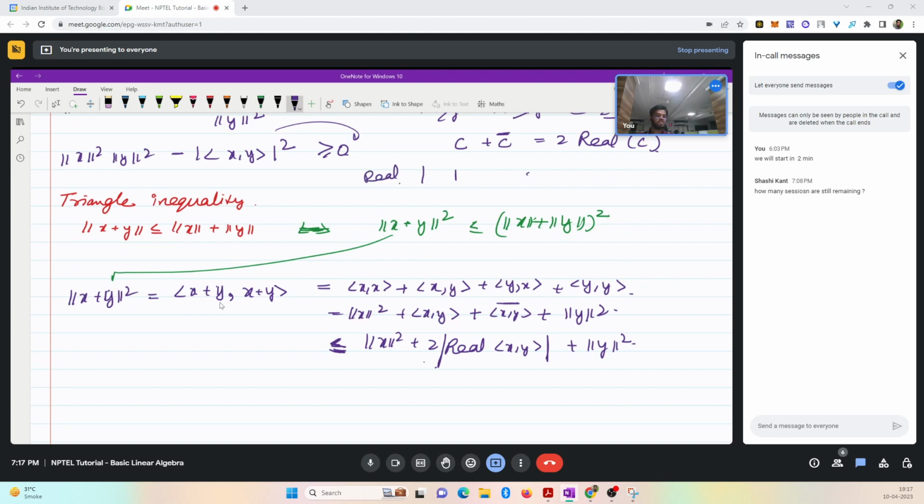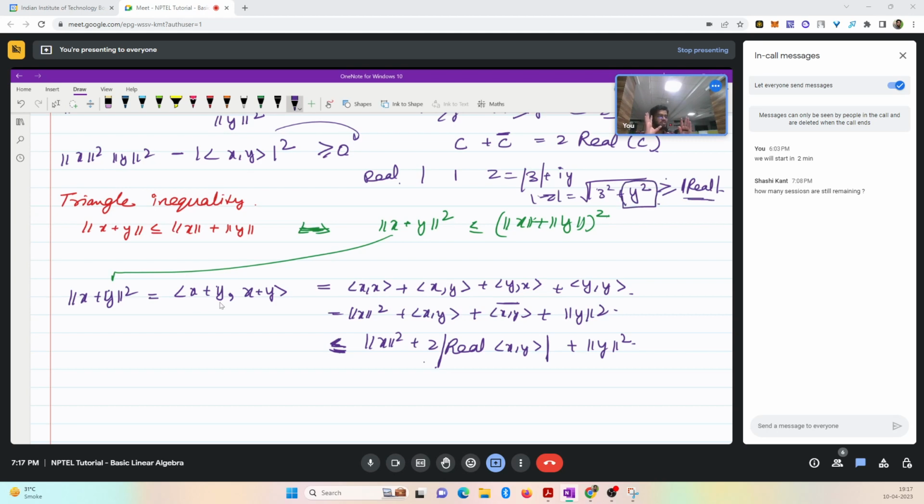So let's say you have a complex number 3 plus iota y, say this is z. Then what is the norm of z? This is the square root of 3 squared plus y squared. So if you take the mod of just the real part and compare it with the length of the whole, the length of the whole will always be greater than the real part, because in this we are adding the y squared term.